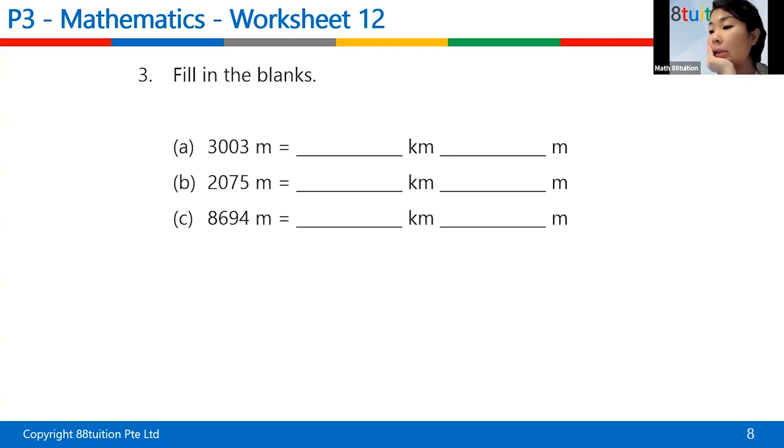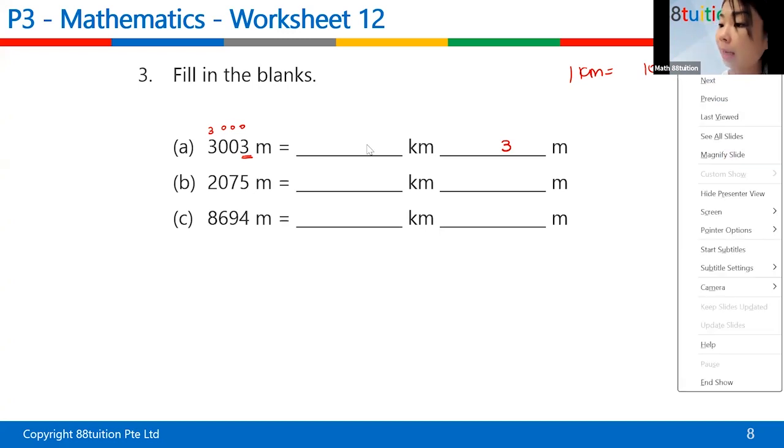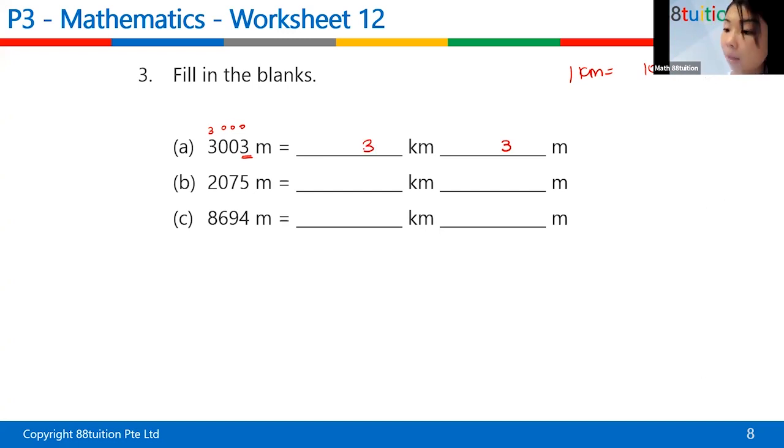All right, let's try this conversion. I'll just write this down for easy reference. 3,003 meters. The 3 meters I'll keep as it is. You'll notice that there's 3,000 here: 1, 2, 3 zeros, 1, 2, 3 zeros, 3 km. So 75, I'll keep it as 75 meters.